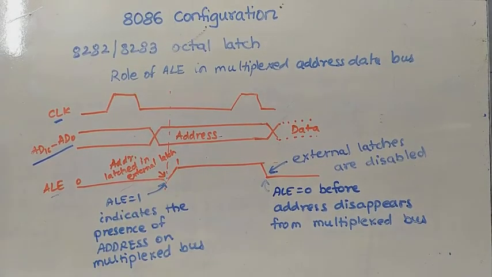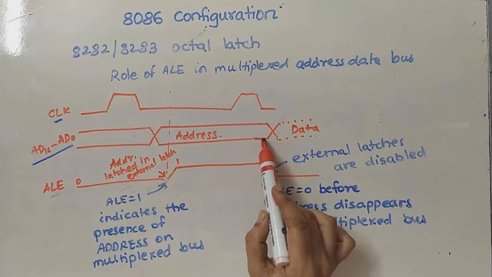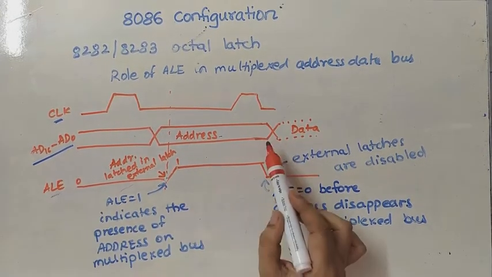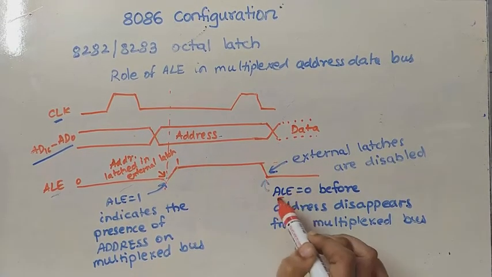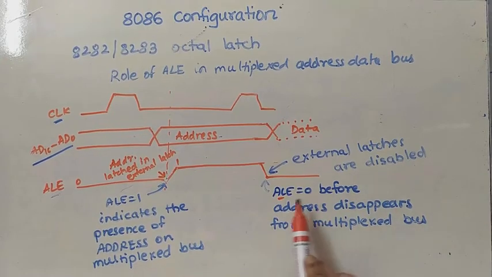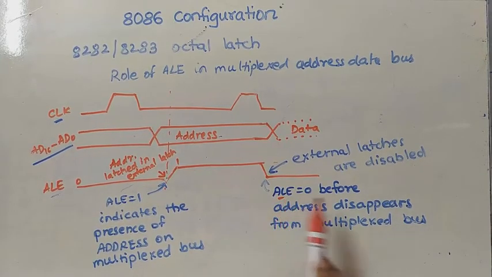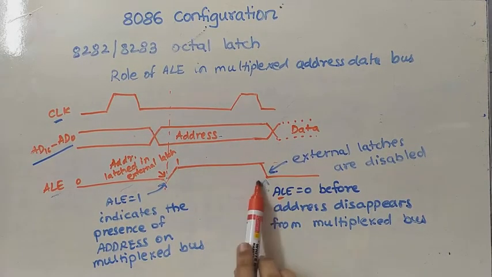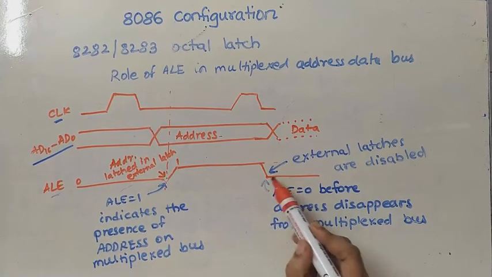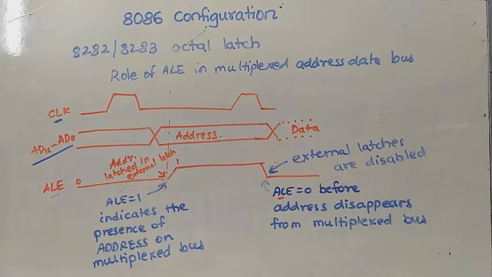After that, before the address disappears from the multiplexed bus, the ALE signal is made low, means ALE is made 0. When ALE is 0, it indicates that the address will disappear from the multiplexed bus. So before the address disappears, ALE is made 0, and at this location the external latches are disabled.